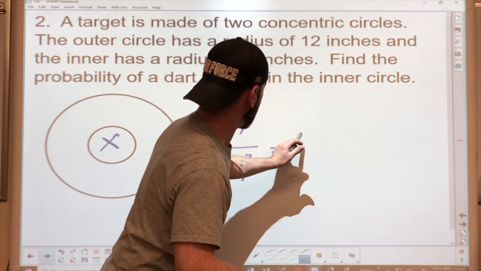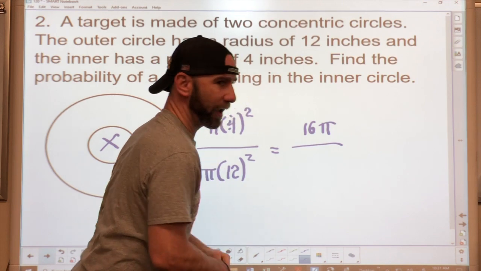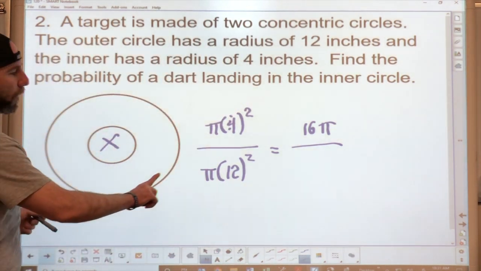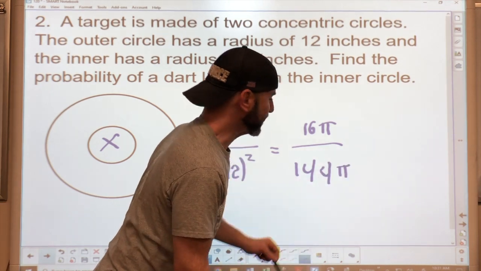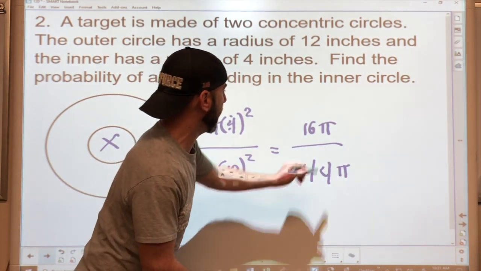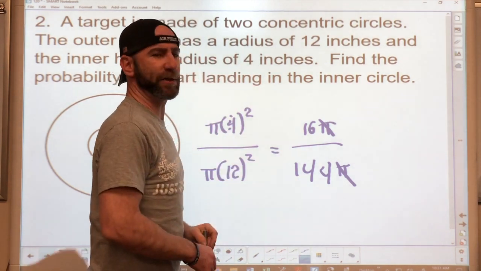The area of the interior circle is 16 pi. The area of the entire target is 144 pi. And you'll see here that the pi's are going to cancel away. So choppy choppy, and then take this and reduce it using your calculator.